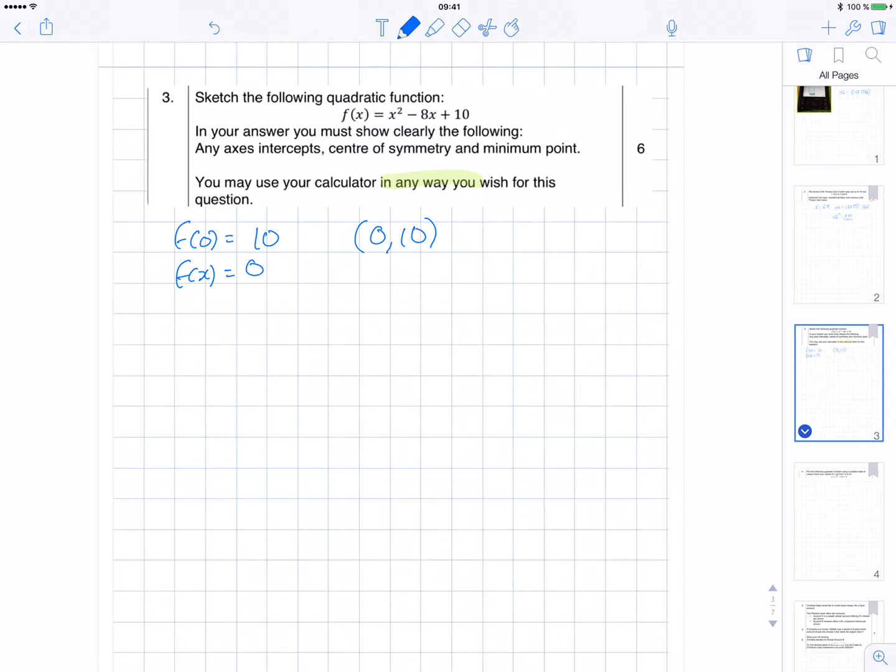So add a new problem. Every question add a new problem. I'm going to define my function f1 of x is defined as x squared minus 8x plus 10. I'm going to solve, make that equal to 0. So what I'm doing is letting x squared minus 8x plus 10 equal to 0 and solving for that.